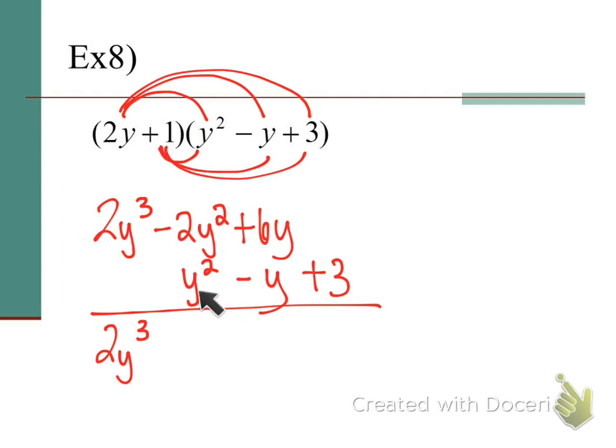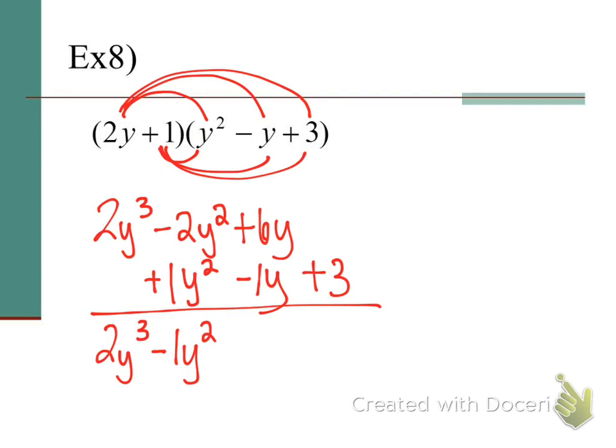Is this y squared down here positive or negative? This one's positive. We could put a 1 in front of it if it makes it easier to see what to do. Negative 2 plus 1 is negative 1, so I would have minus 1y squared. If you don't want to put the 1, you don't have to. We can go either way on that. Positive 6y minus y.